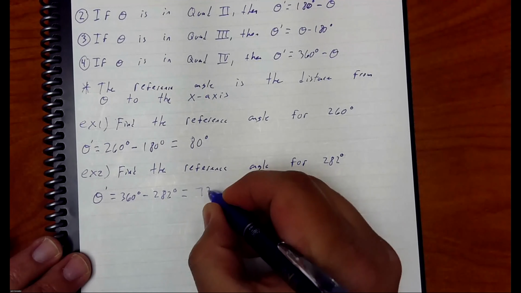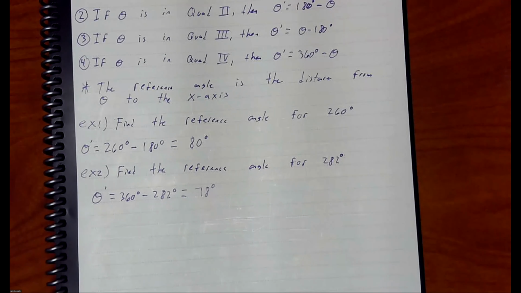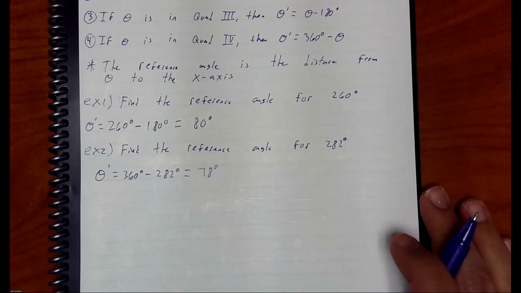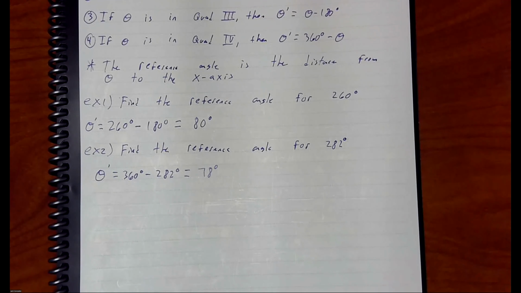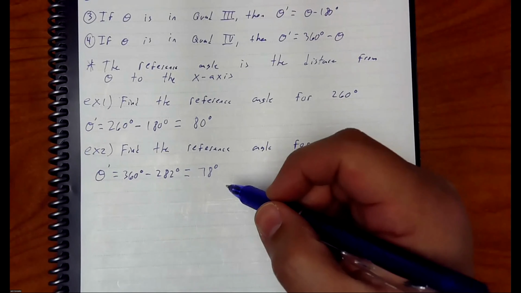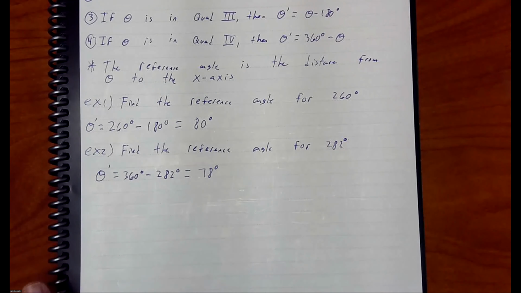So 78 is how far we are from the x-axis. The 282 is somewhere right here, and from here to there is about 78. Any questions on what a reference angle is?